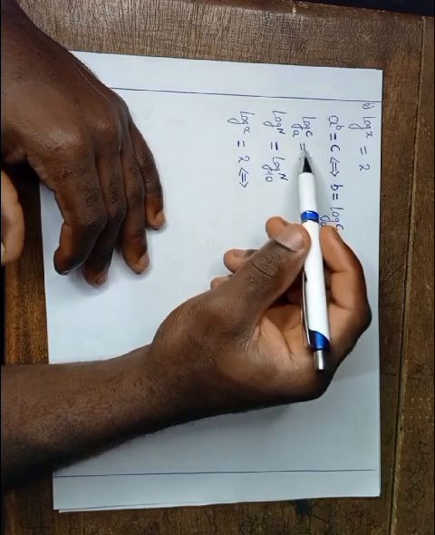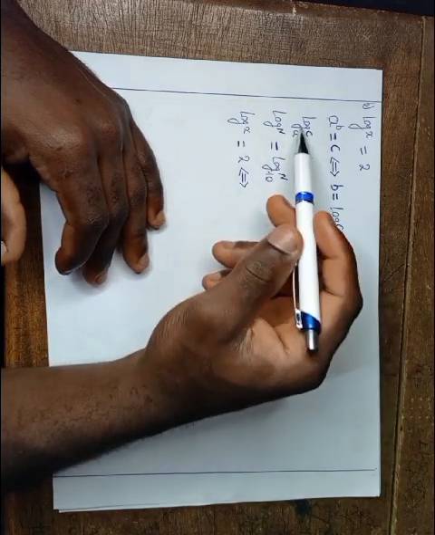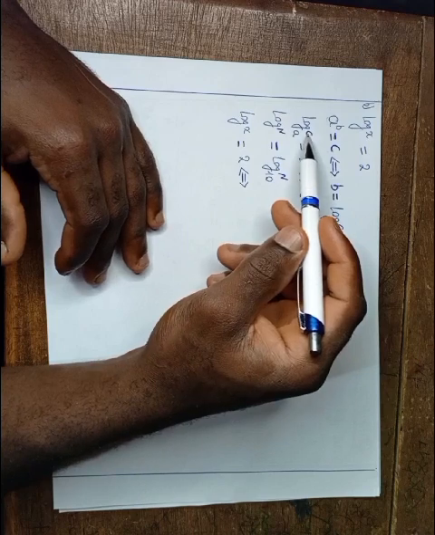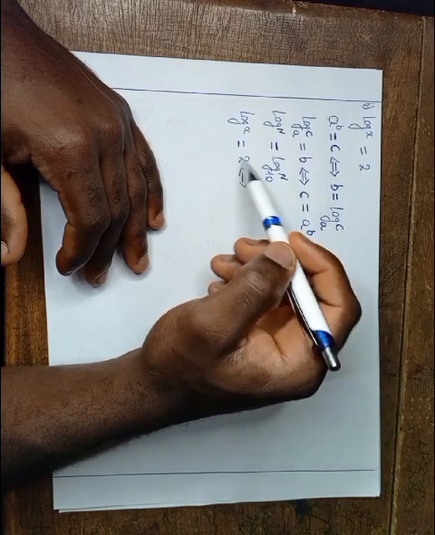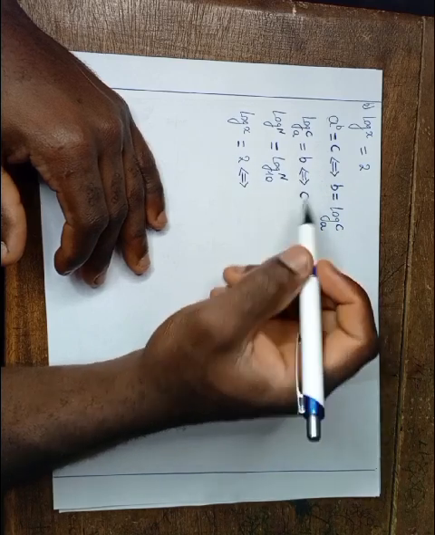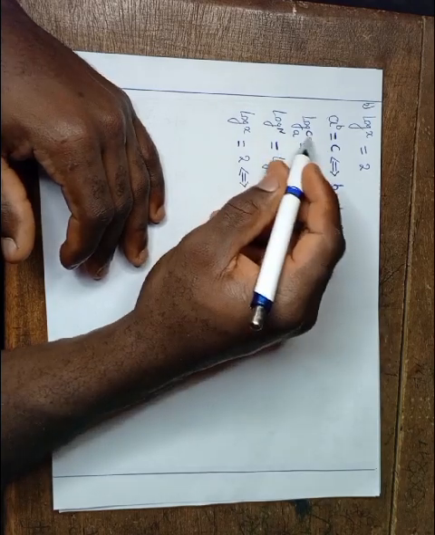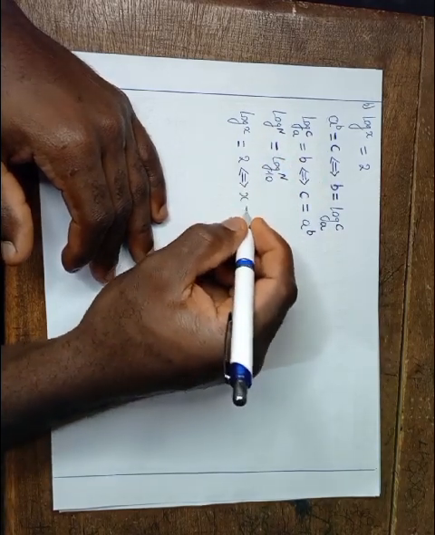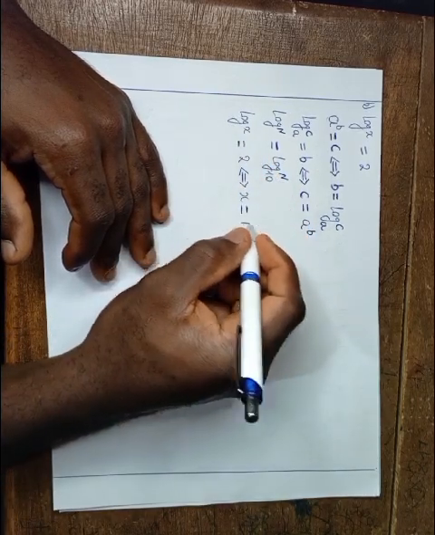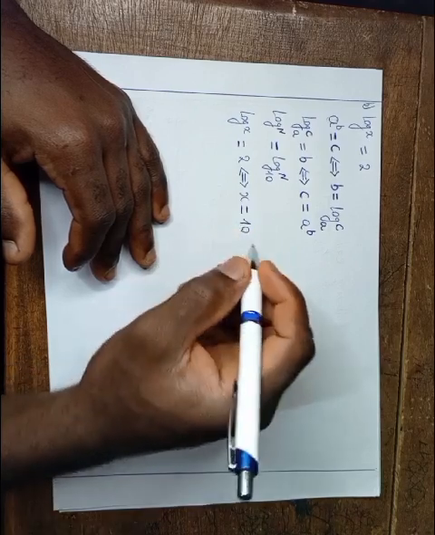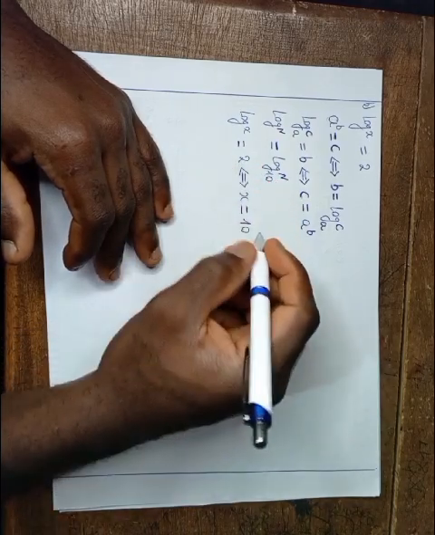If we compare them, we have log c base e. C is x, e is 10, b is 2. If and only if our c is x, if and only if x is equal to our e is 10, then our b is 2.